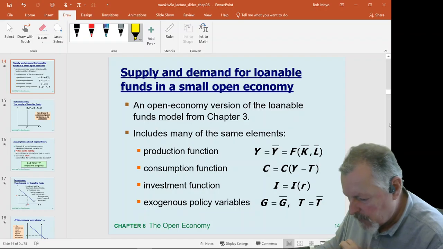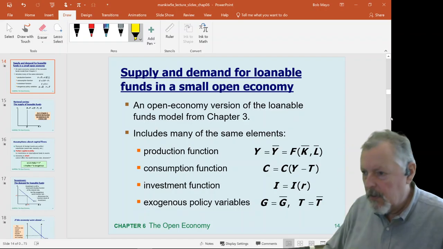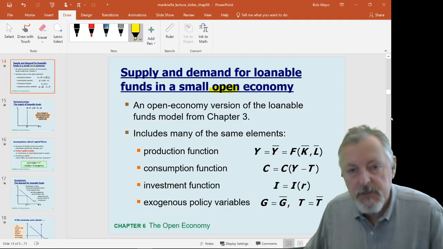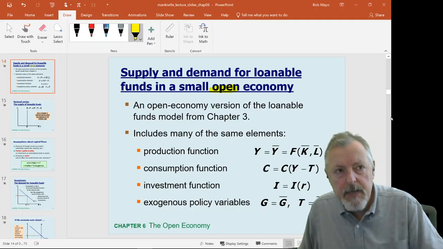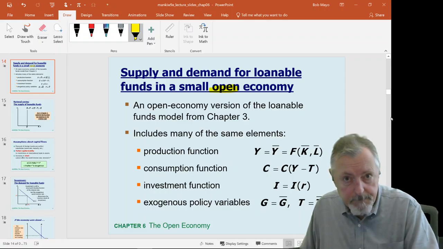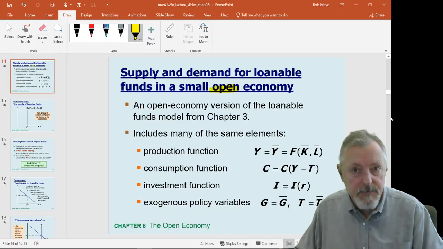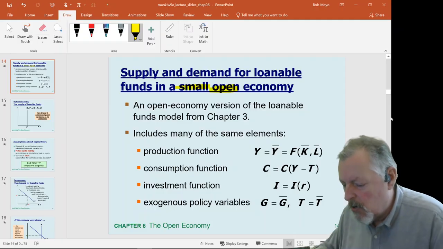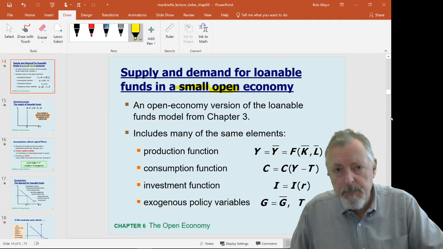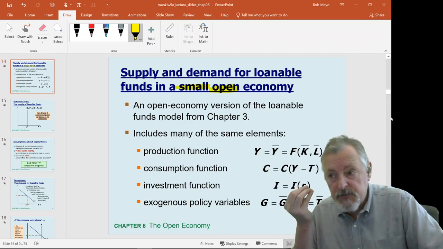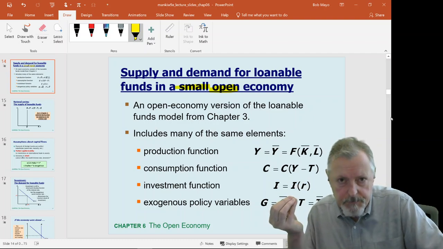Supply and demand for loanable funds in a small open economy. Okay, open. That just means that capital and goods and services can flow in and out freely. International trade happens. But this term, small, this is very important. This model is a model of a small open economy.